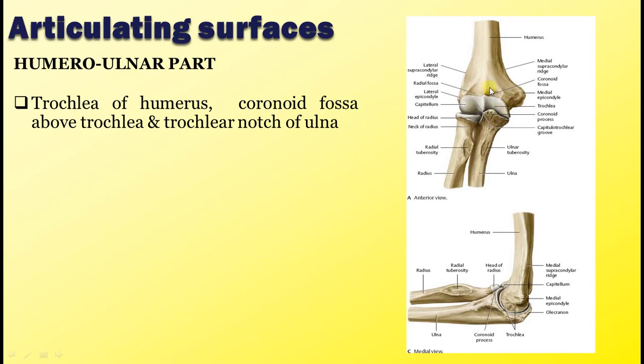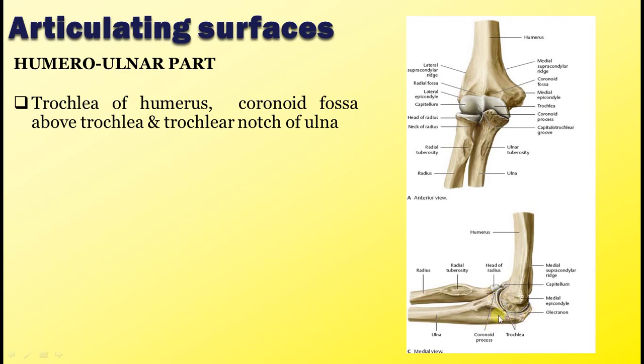Above the trochlea of the humerus, you are able to see a fossa or depression which is called the coronoid fossa, and then you have the trochlear notch of the ulna. The trochlear notch of the ulna is formed by the olecranon process as well as the coronoid process. The superior surface of the coronoid process and the anterior surface of the olecranon process both together form the trochlear notch.